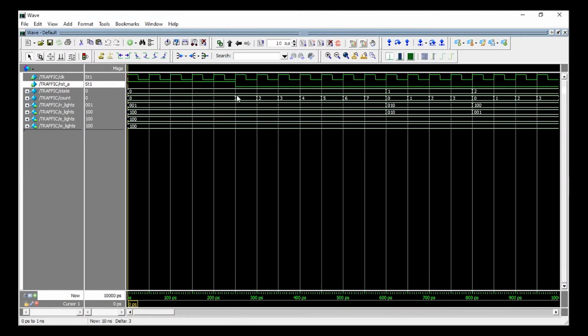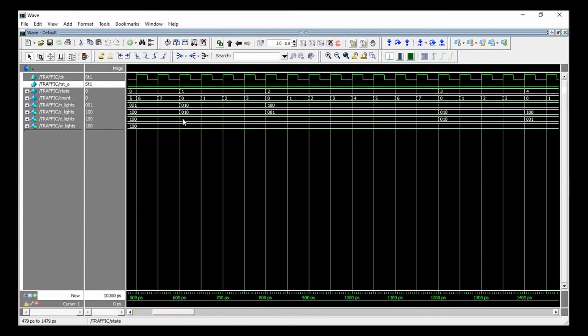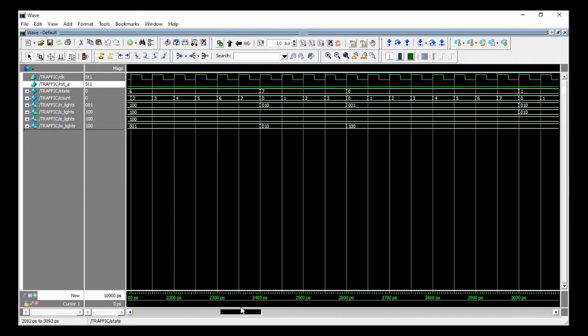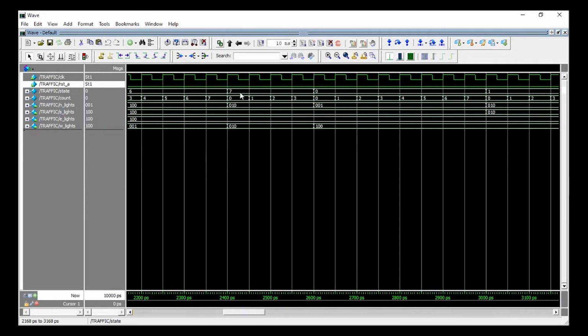Here we can see that on the clock positive edge, the output changes from 0 to 1, and the state changes from 0 then to 1, 2, 3, 4, 5, 6, and 7. After the 7th state, there will be again the 0 state, which accounts for the north state.